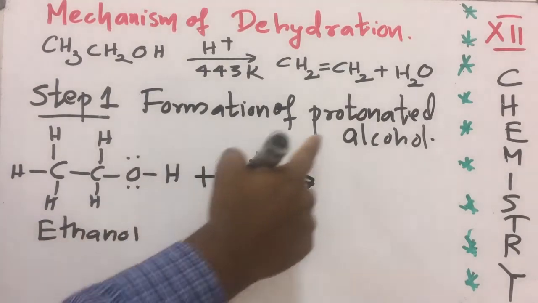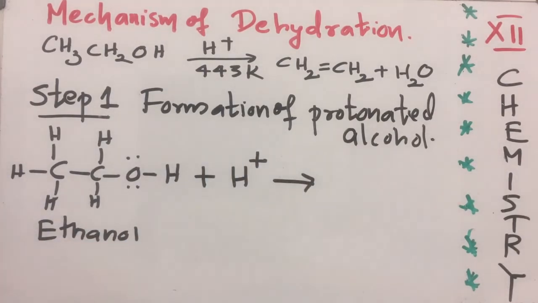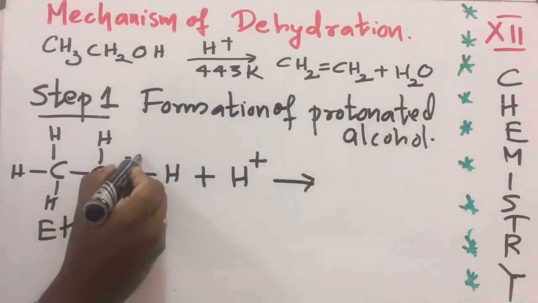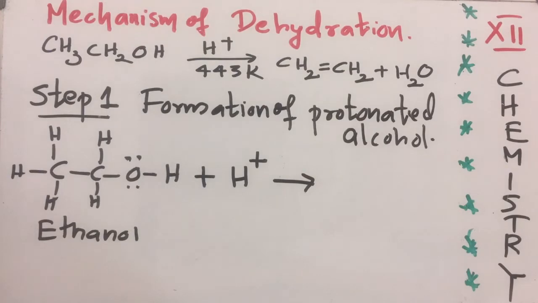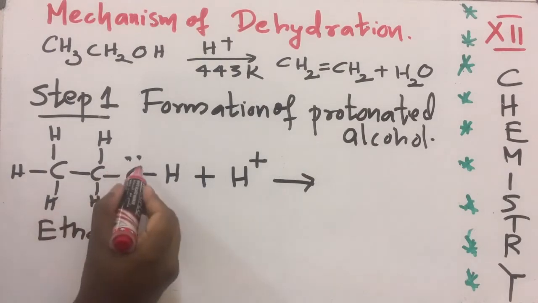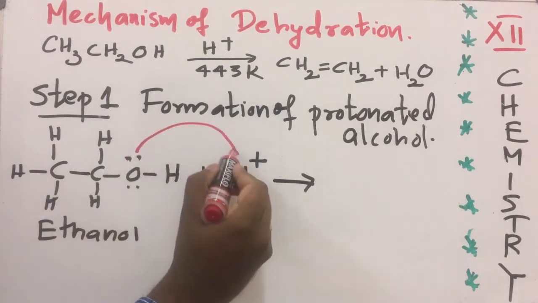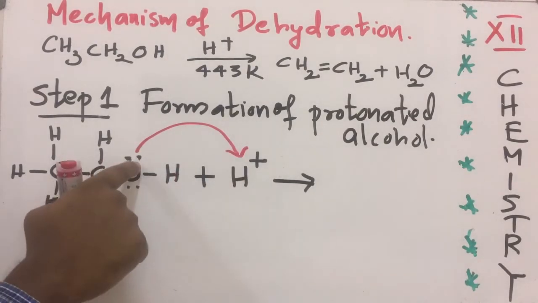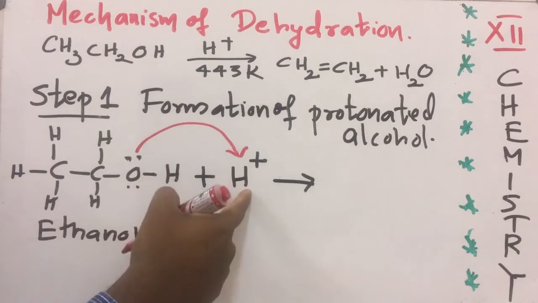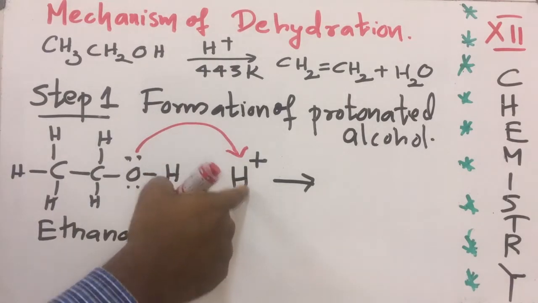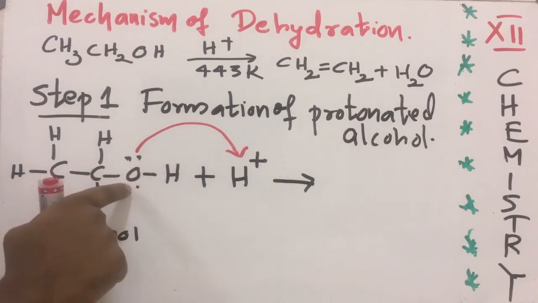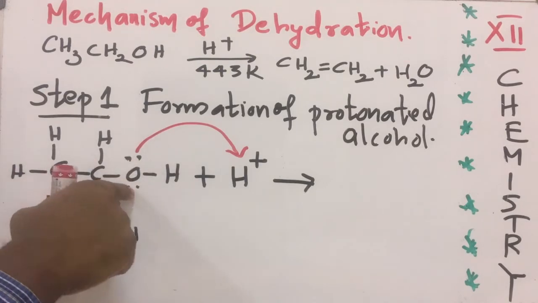During this reaction, lone pairs of electrons present on the oxygen donate to H plus. Out of these two lone pairs, one lone pair is donated to H plus, and H plus will receive this electron and make a bond with the oxygen.